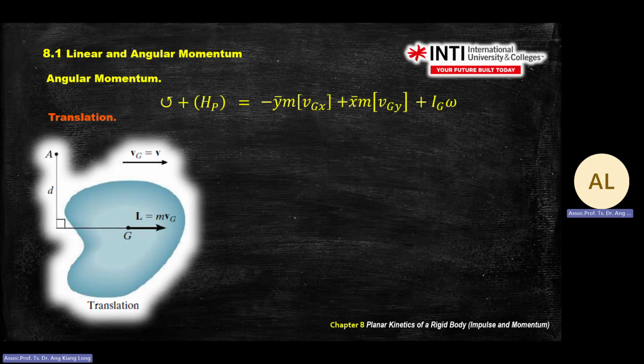The formula you see here is the general formula for moment of linear momentum. If the point O and the center of mass are different, meaning O and G are at different locations, then you have these two terms, y bar and x bar.